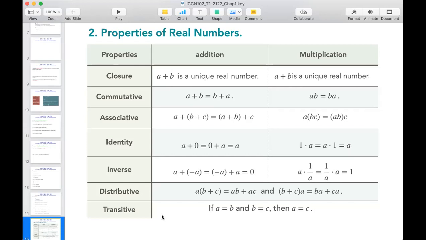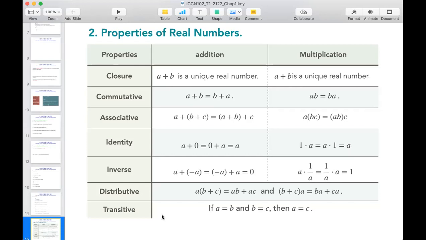The commutative property is that when you add two numbers together, a plus b, the order doesn't matter. You can switch the order to b plus a and still get the same answer. Same for multiplication: a times b equals b times a.